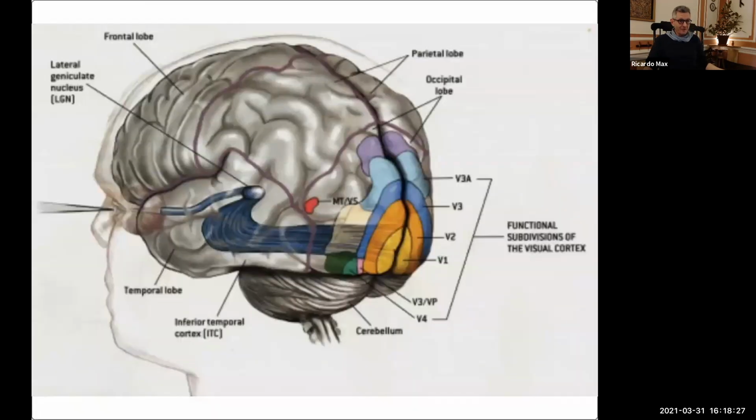Okay, it's clear what happened, right? I find it impressive that here in the back there are neurons, one single neuron, where the only thing it cares about is a specific pattern in a specific orientation in a specific area.